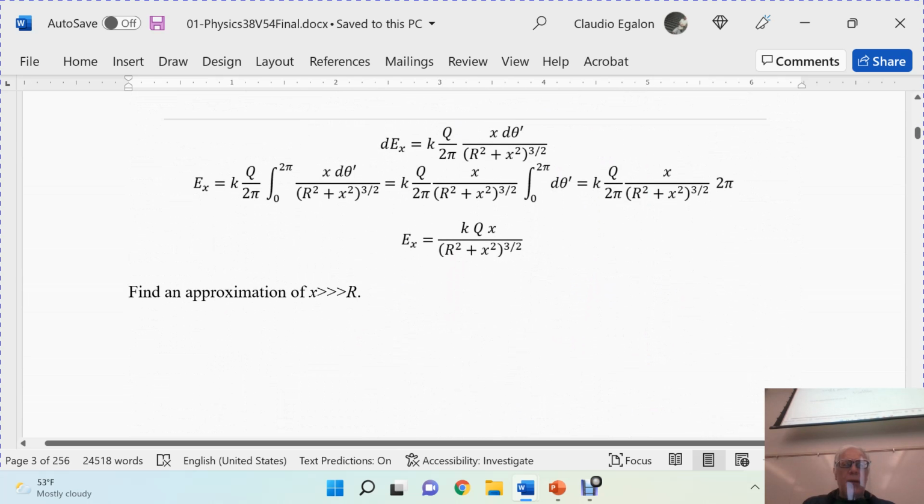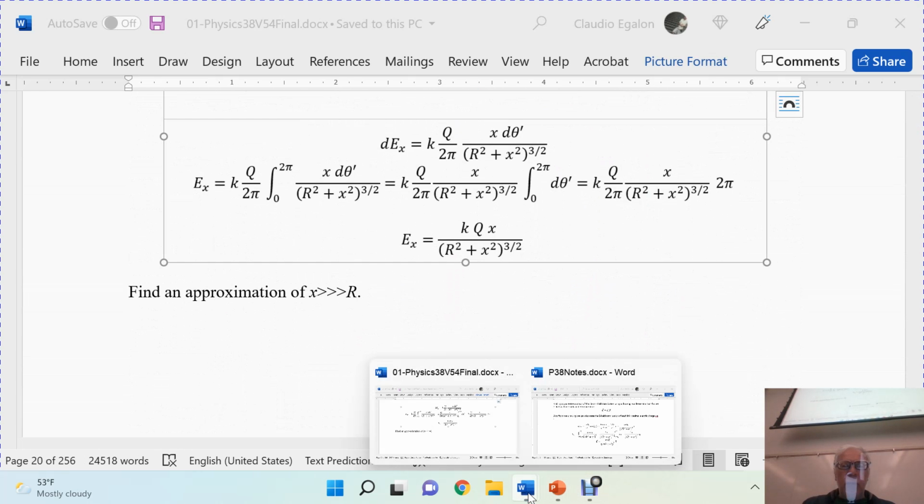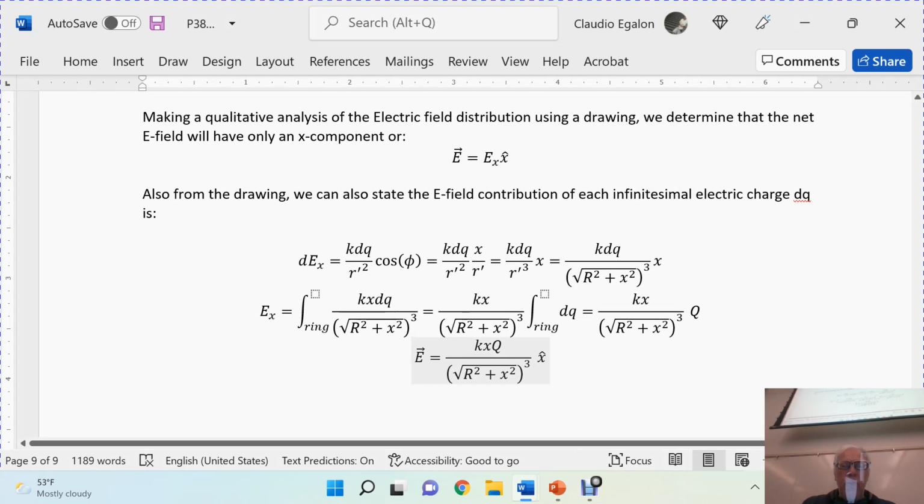Okay, kQx. All right, I put in a different notation. I put power 3 halves: kQx over (r squared plus x squared) to the 3 halves. I can change that too, if you prefer this notation, right?